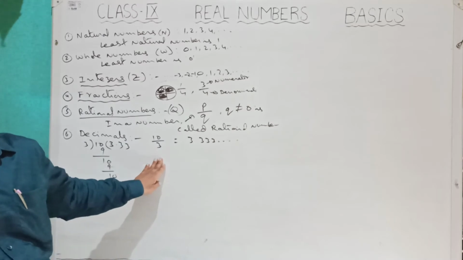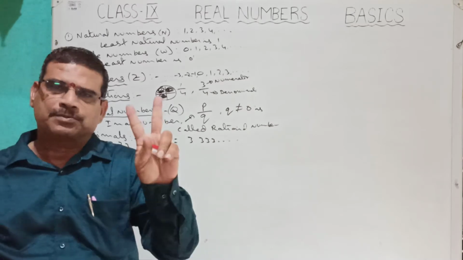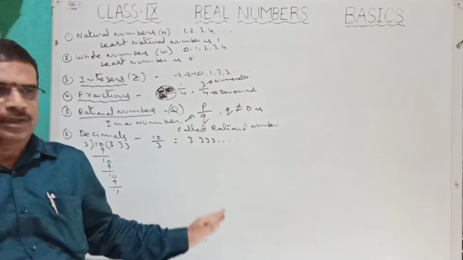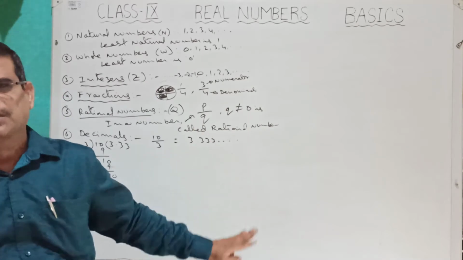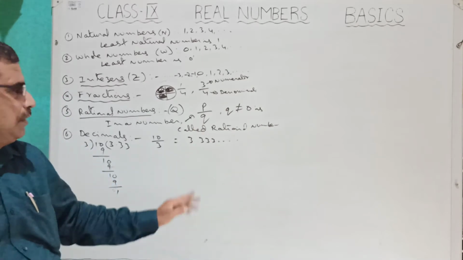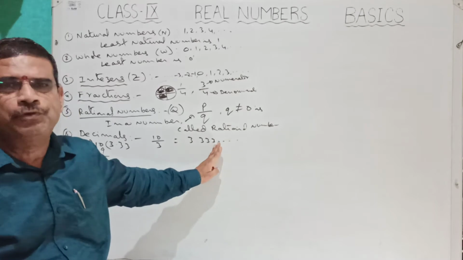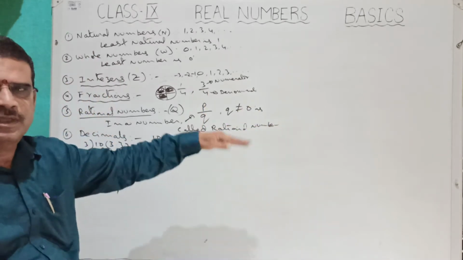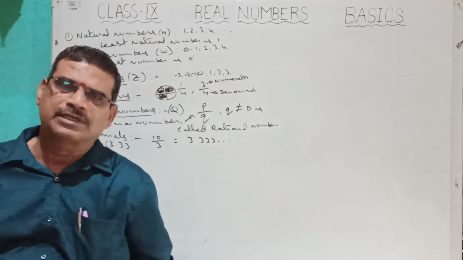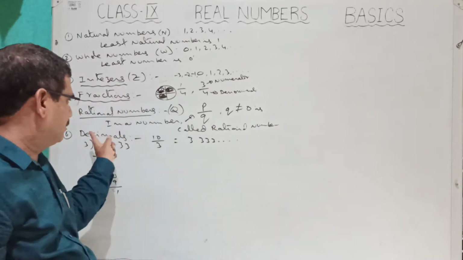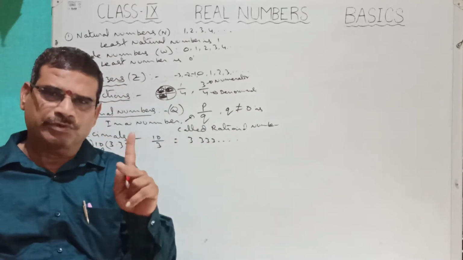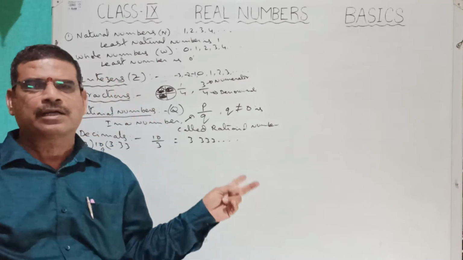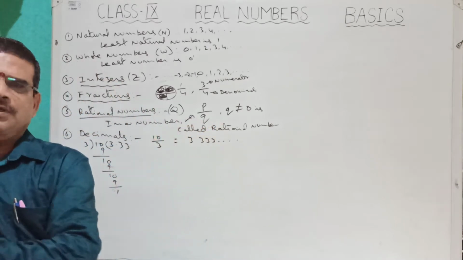Again in the decimal system, two types are there. What are the types? After the point, if we can write the ending digit, then it is called a terminating decimal. The decimal systems are two types: one is terminating and another is non-terminating.